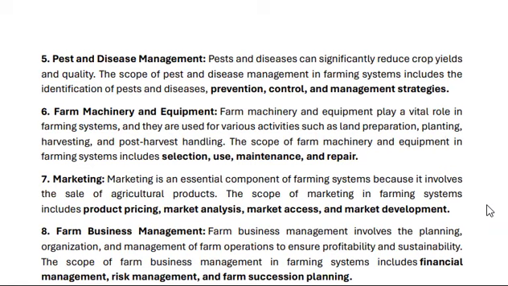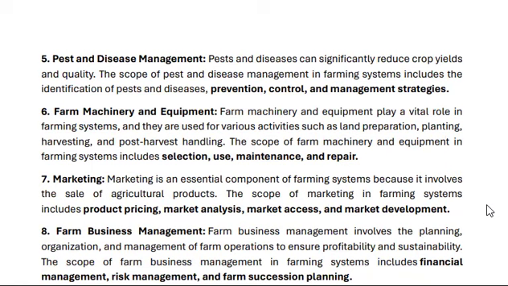Then another component of farming system is marketing. So hindi lang tayo produce ng produce. So there's the saying that the door to economic growth is production, and the key to that door is marketing.